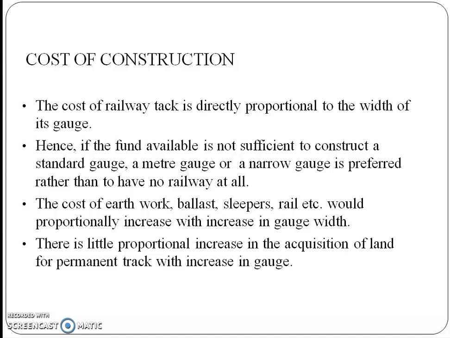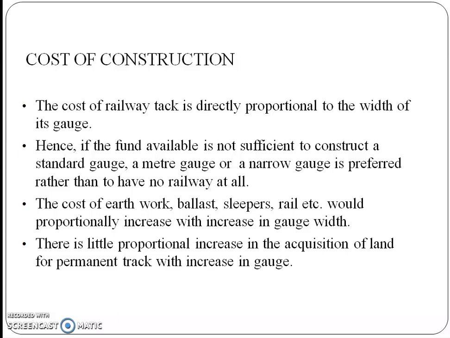If the fund available for that location is not sufficient, then we can construct standard gauge, meter gauge, or narrow gauge, rather than having no railway. Construction of broad gauge is costly, so if funds are not available, we can construct meter gauge or narrow gauge to provide the facility of a railway.